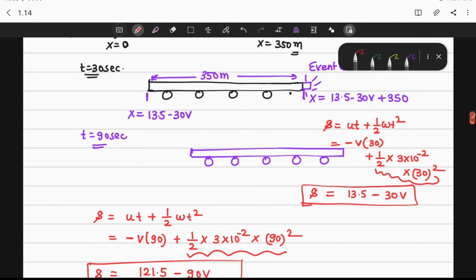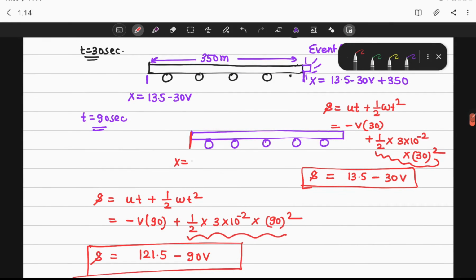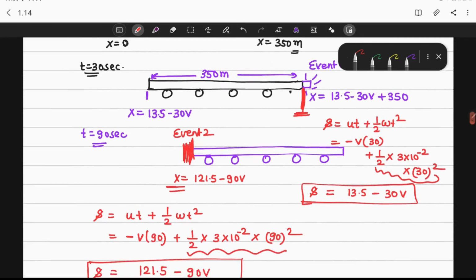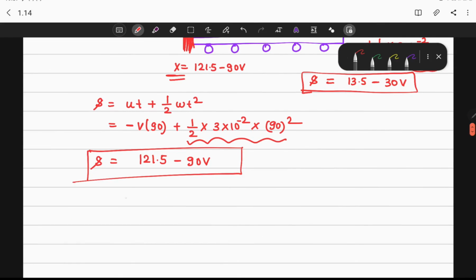Okay, so we can write what is the location of this one. The location of this one is 121.5 minus 90v. So we know that in this particular case, the location of event 1 and event 2 are both the same. So we will equate the position of event 1 and the position of event 2. So what is the position of event 1?